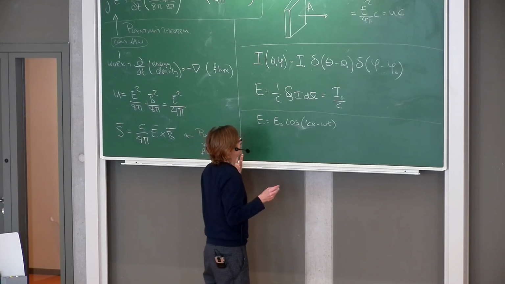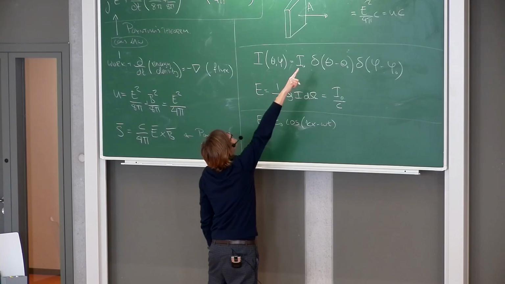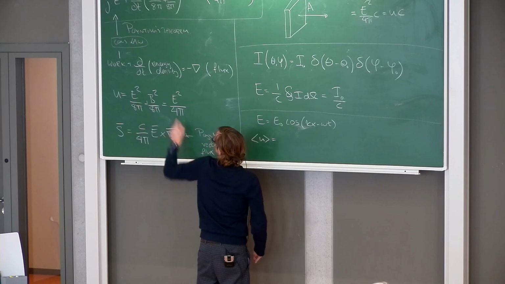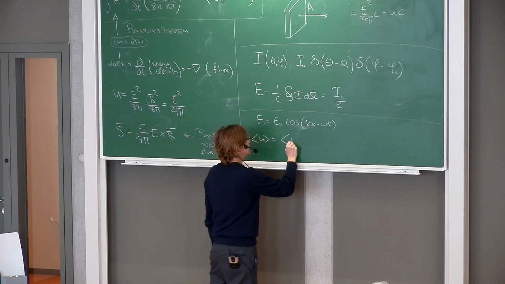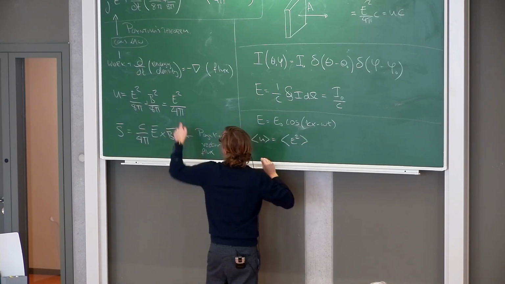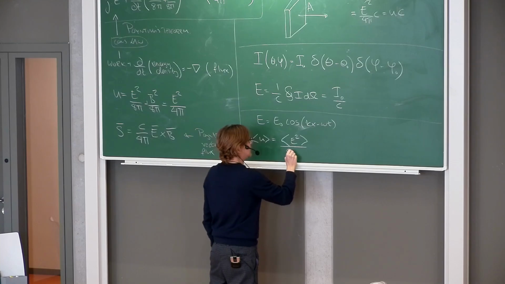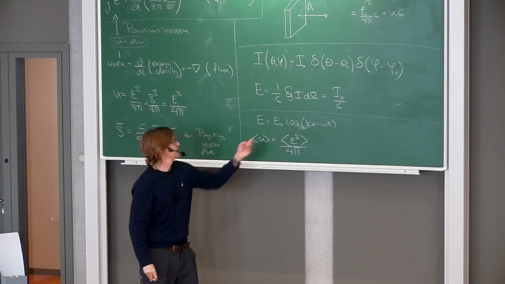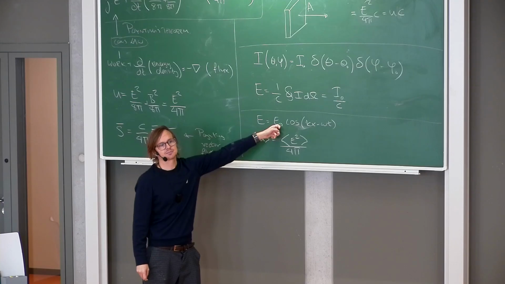Then this is the same as the energy density. The mean energy density of this would be the mean of E squared, divided by 4 pi. So what is the mean of E squared? Well, this one is just the amplitude, so that's just the constant E0 here.